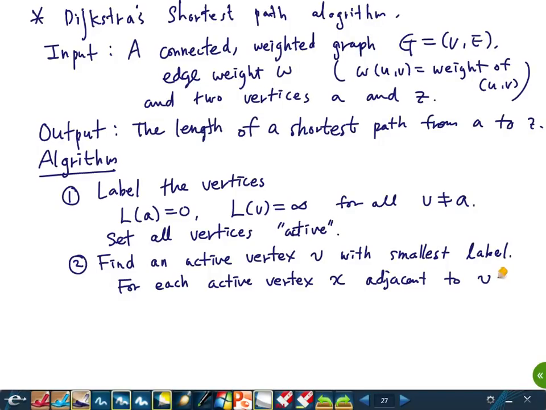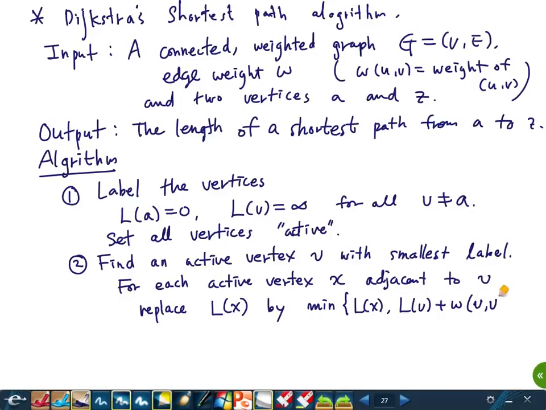And we will consider only active ones, and replace the label. This is the label of X. Replace this by the minimum of this, plus the weight of the edge between V and X. Okay?